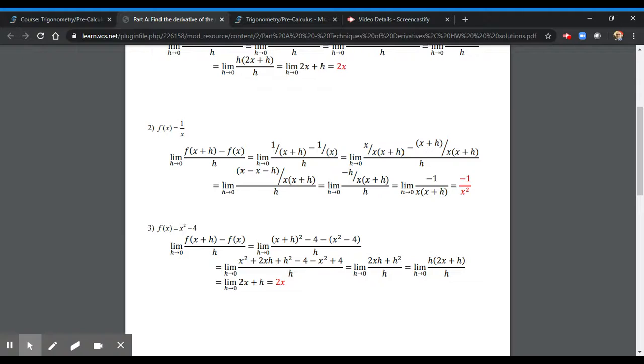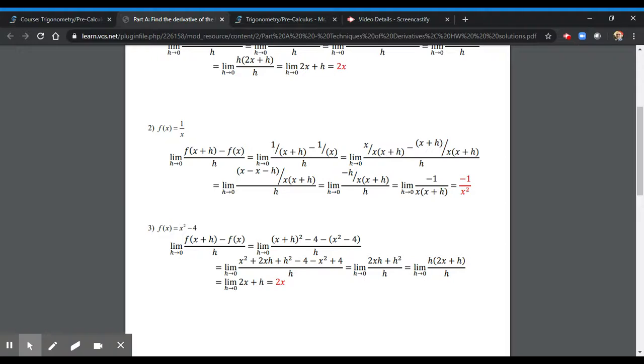And what do I have? Then I have x minus x plus h, all over x times x plus h, divided by h. So these x's cancel out. I'm left with negative h over x times x plus h, over h.